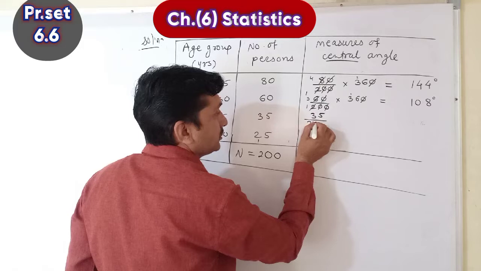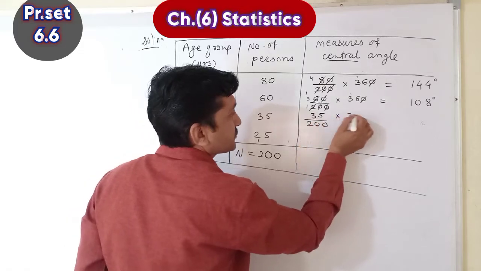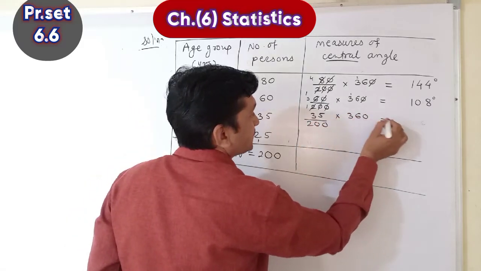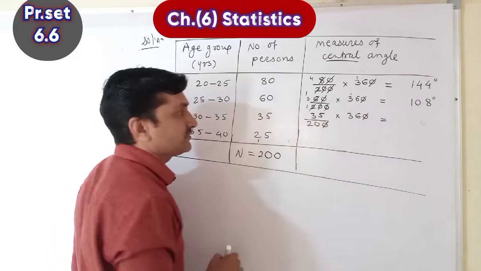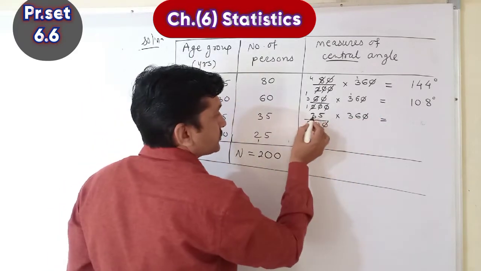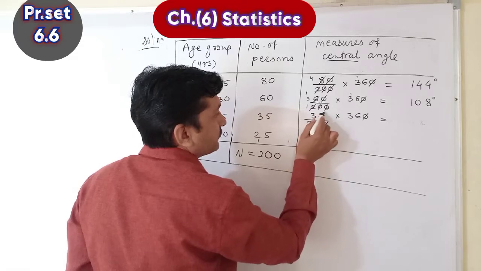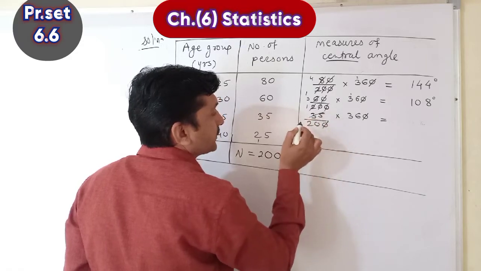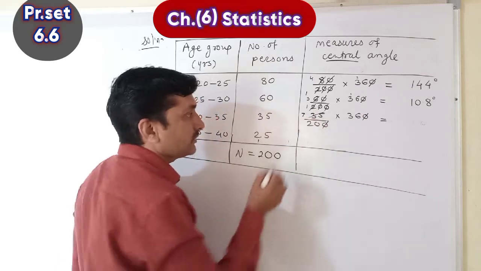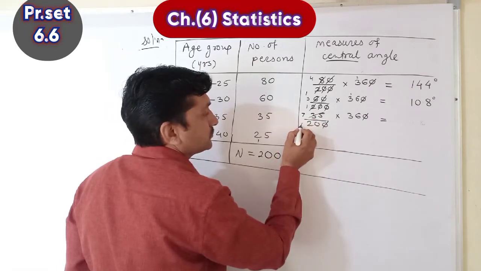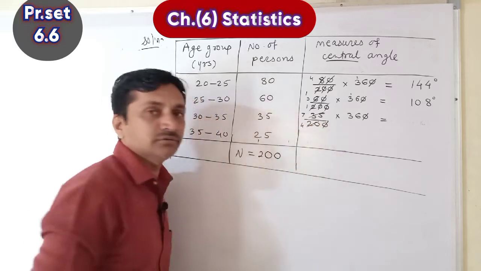35 upon total multiplied by 360 is equal to, now here this 0 we can cancel. Now do reduction here, by 5 we can do. 5 7s are 35, 5 4s are 20.